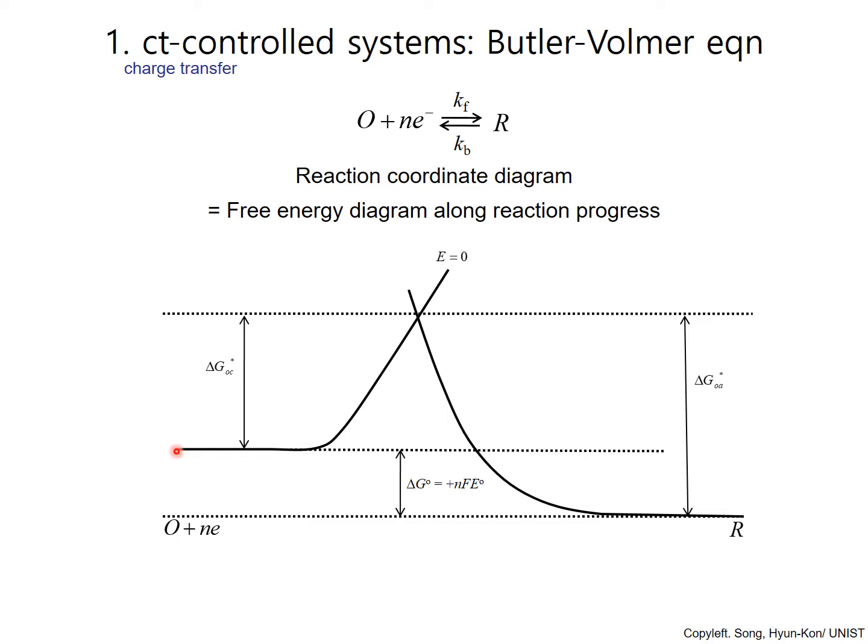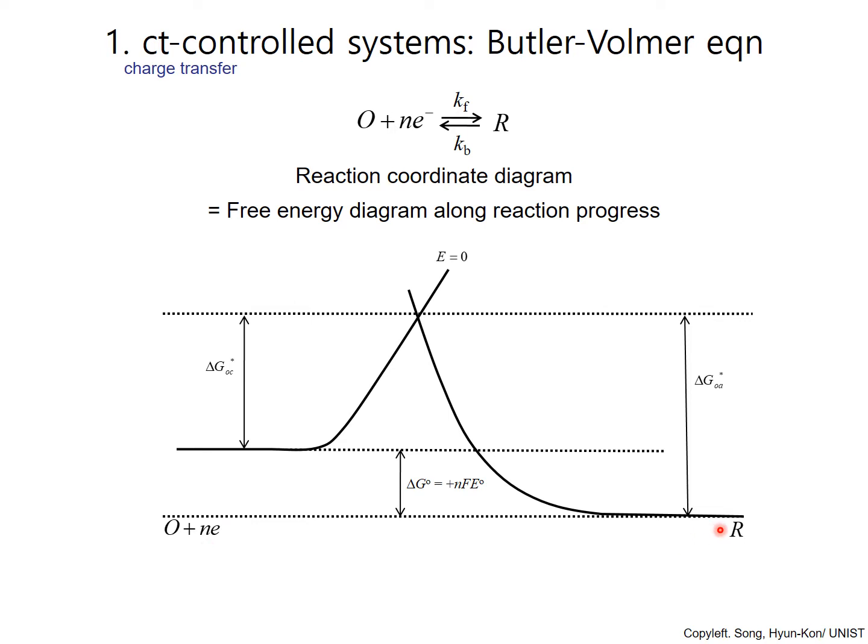So this is the free energy for the initial reactant, and this is the free energy of the product. Between them, you can find the maximized free energy. This is the energy for the intermediate or transient state between the reactant and product.